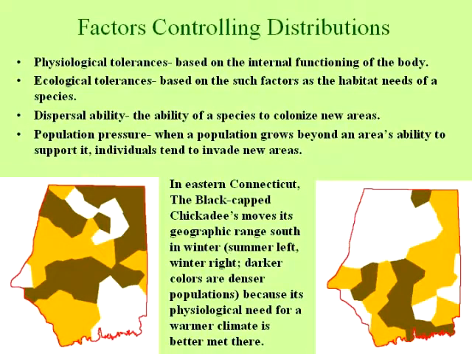So what factors control distributions? There are several we can think of. One would be physiology, the internal workings of plants and animals. Every species of plant or animal is going to have certain limits to its physiological tolerance. How much cold can it stand? How much wet can it stand, or dry?